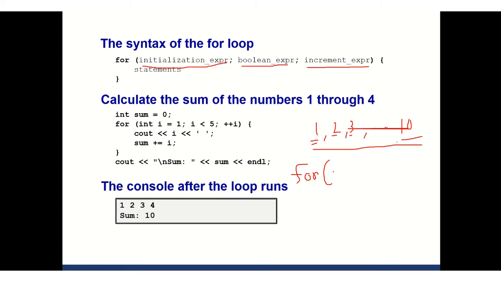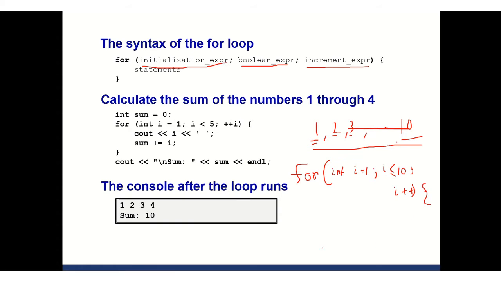That is, you need to have an index, so you write int i equals 1, because your number starts from 1. Then you put a semicolon. This is the syntax of the for loop. Then you write the Boolean condition: so long as i is less than or equal to 10, you should go on. Then another semicolon, and then you increment i. Either you do i plus plus or plus plus i, it doesn't matter.